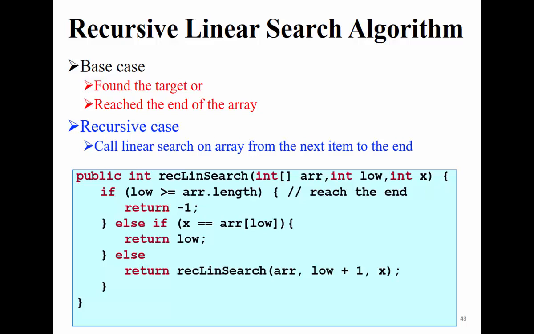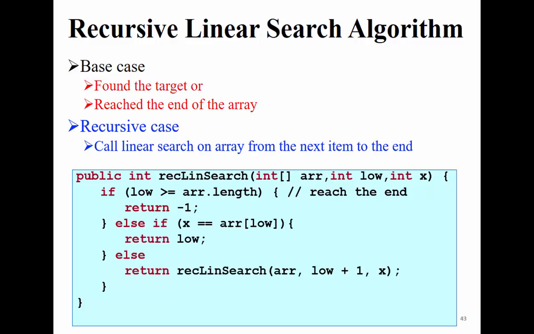You want to do low is equal? Why? You're going to start from low equal to 0.